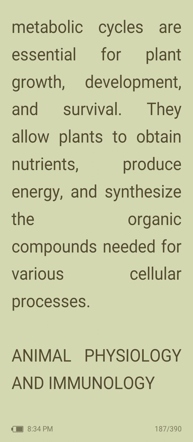Overall, these metabolic cycles are essential for plant growth, development, and survival. They allow plants to obtain nutrients, produce energy, and synthesize the organic compounds needed for various cellular processes.